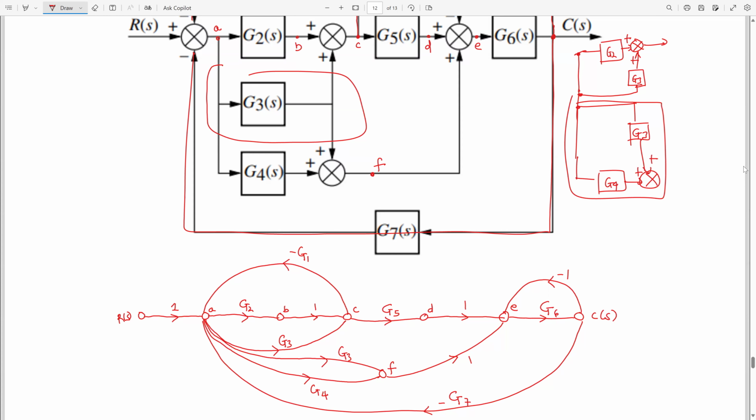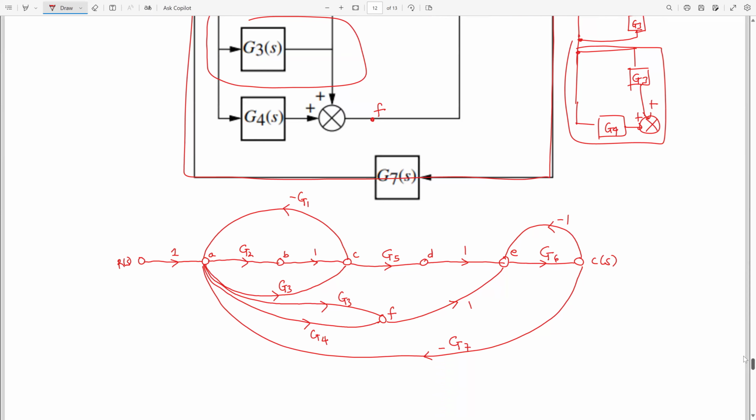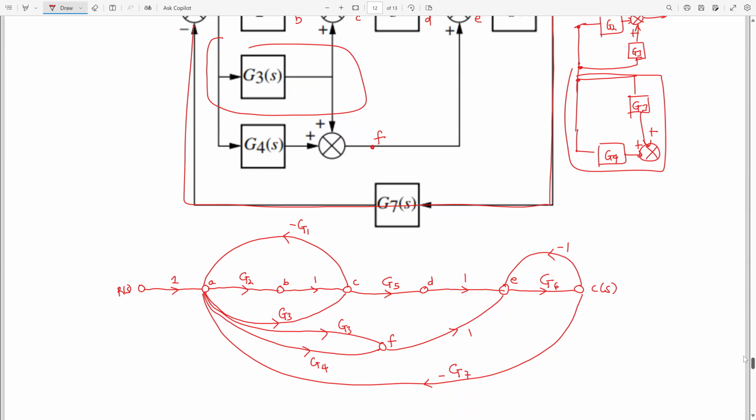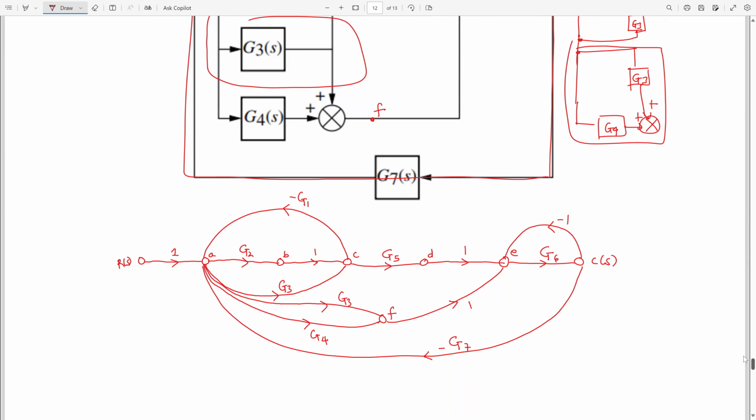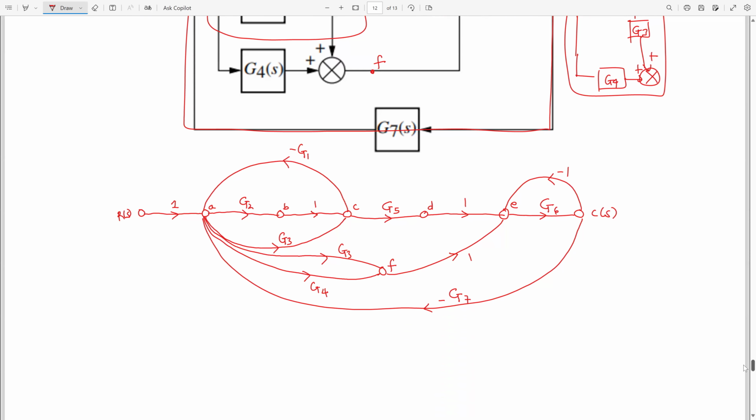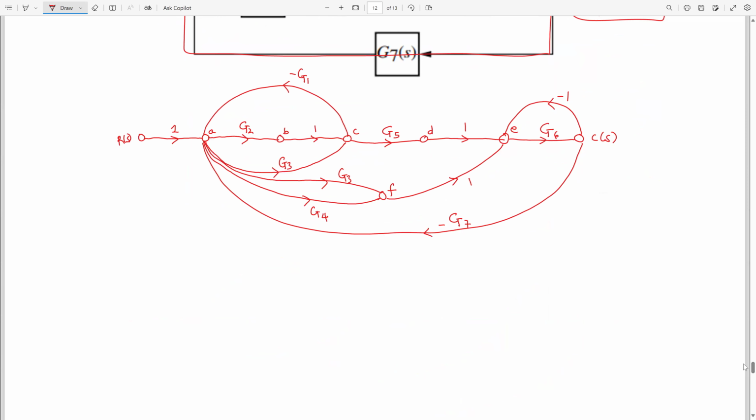So when I'm cleaning this whole thing, I can clean it in such a way that I can bring, wait, let me go through one more time. Okay. Now I'm cleaning this whole thing. I can say that this is my R of S. Then 1, this is my node A. G2 times 1 is the same as G2.